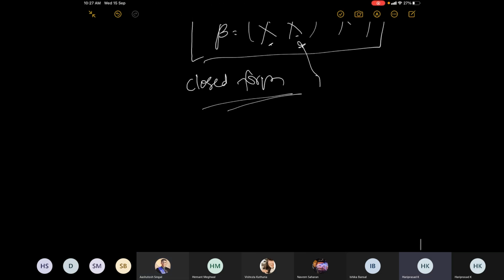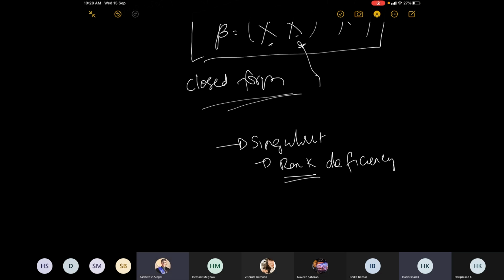So what is the reason for singularity? Determinant is zero, or the rank of the matrix is not full. Okay, so you're saying about the rank. Technically there is a rank deficiency, right? So what is the reason for not being full rank? Dependent equations, not independent.